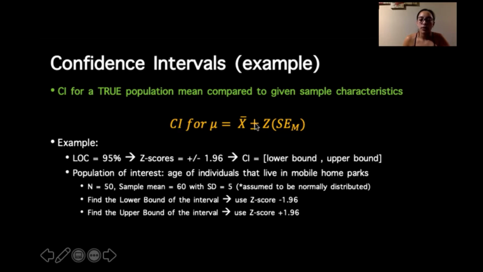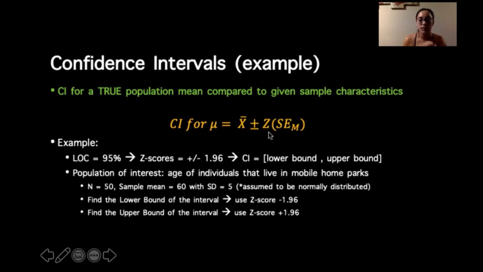You notice there is a plus and a minus sign. That means you're doing two sets of equations. On one end, you'll have the sample mean minus the product of the z-score of interest, which is associated with your level of confidence, and the standard error of the mean, which you calculate using your standard deviation and sample size.